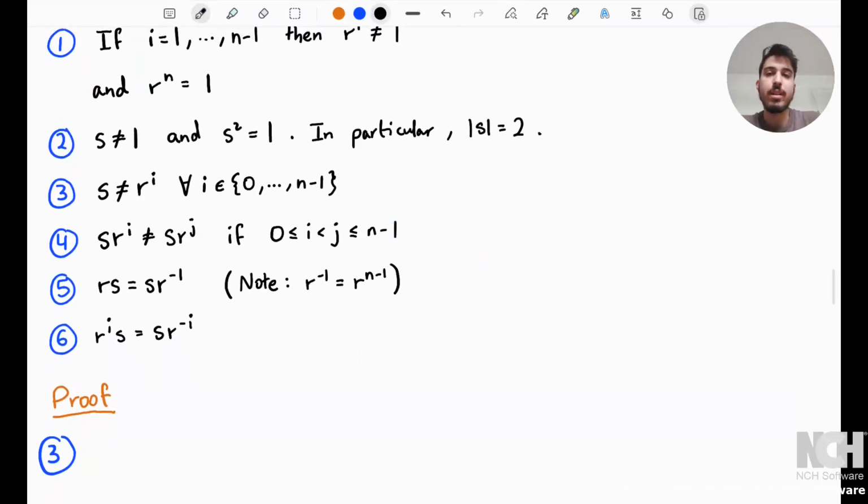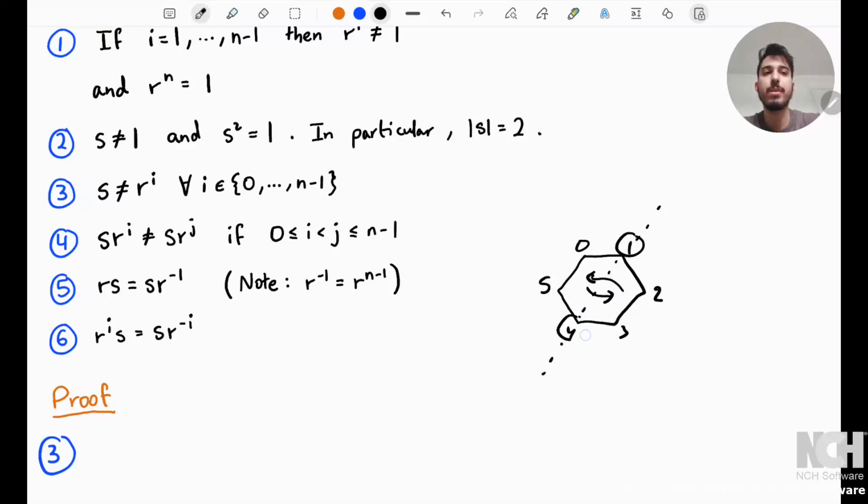Because the reflection is done on the axis that passes through the vertex 1, we know for a fact, let's say we have a hexagon here, 0, 1, 2, 3, 4, and 5, and the axis of reflection, pardon me, is over here. So when we are reflecting, we have that 1 and 4 are unchanged. 1 goes to 1 and 4 goes to 4. So S of 1 is equal to 1. It does not change the vertex 1.